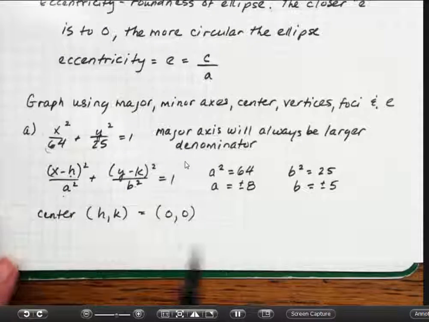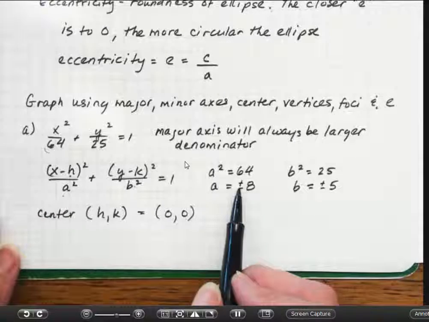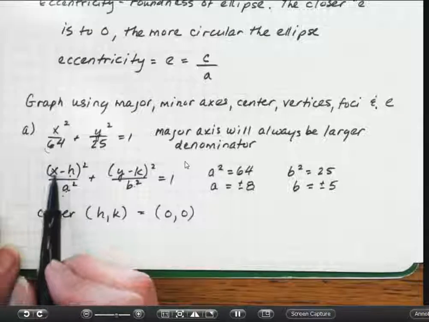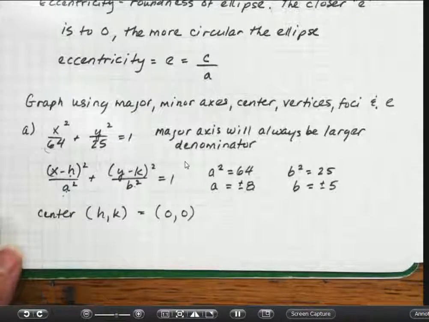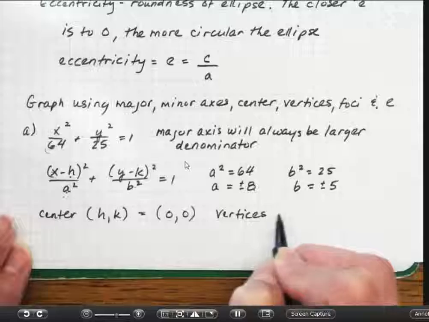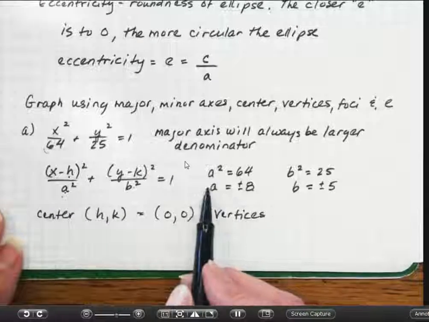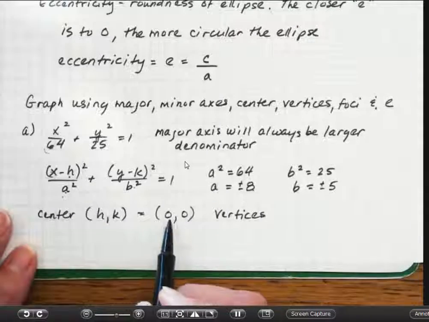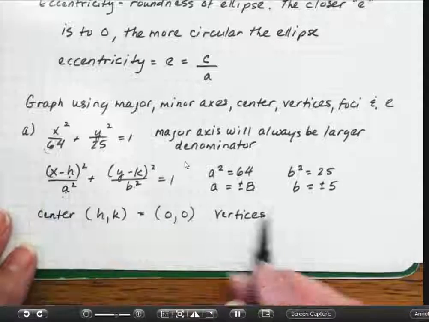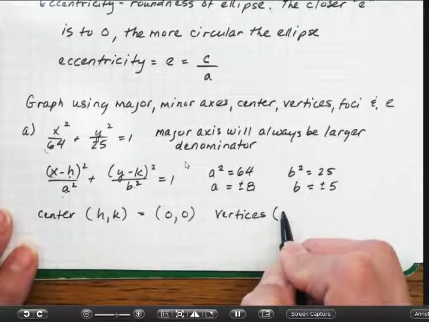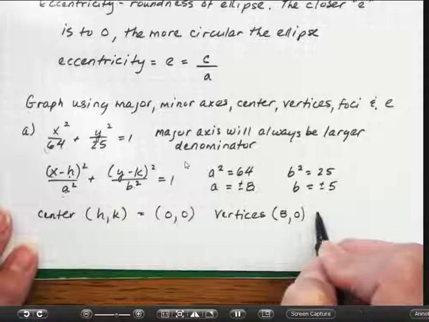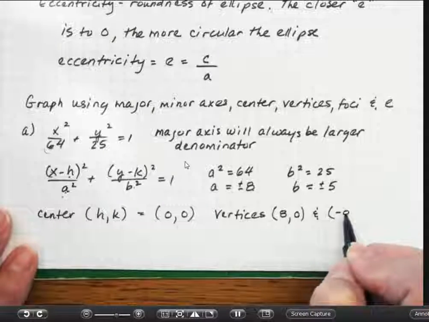From that center, I'm going to be going plus or minus 8 in the x direction. So my vertices, remember your vertices are from the center, they're going to be a distance of a. So my center is (0, 0). I'm going in the x direction, so my vertices are going to have coordinates (8, 0) and (negative 8, 0).